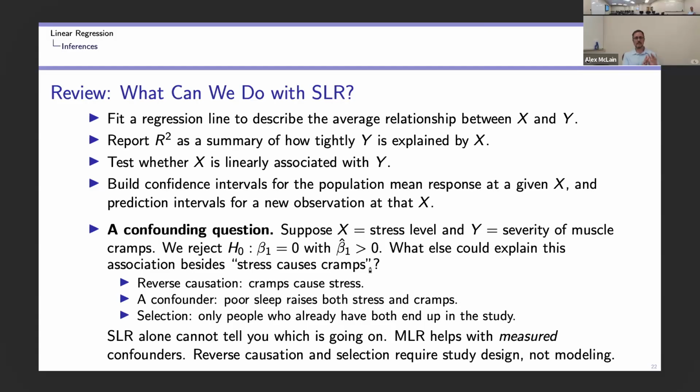Reverse causation, we have to work with the study design to get some ordering between those two. Selection, again, is more on the study design part. But when we come back, we'll try to address that first part, confounding with measured confounders. We'll talk about multiple linear regression, where we'll bring some other variables into the model and see if we can get some information about that.